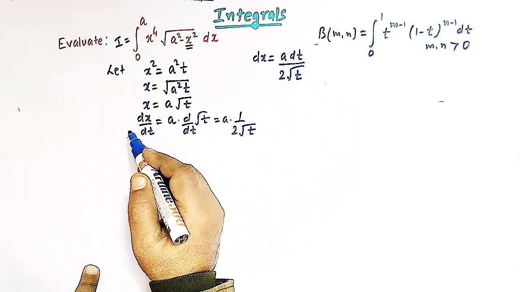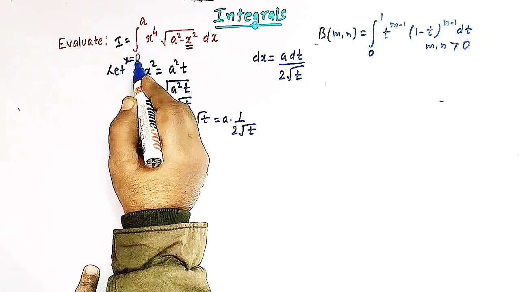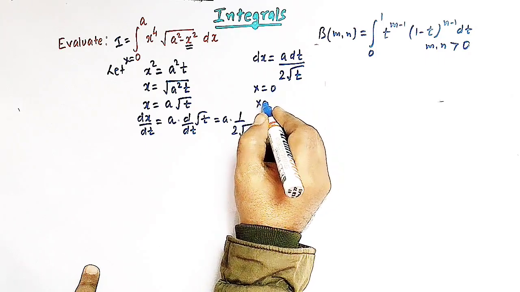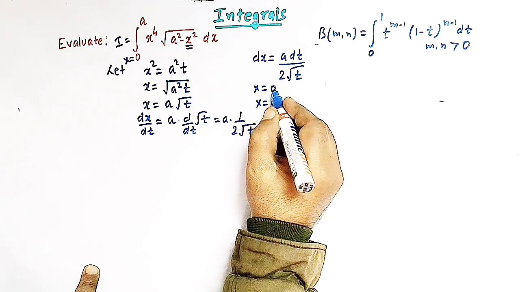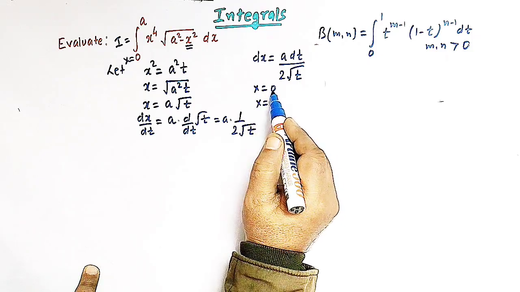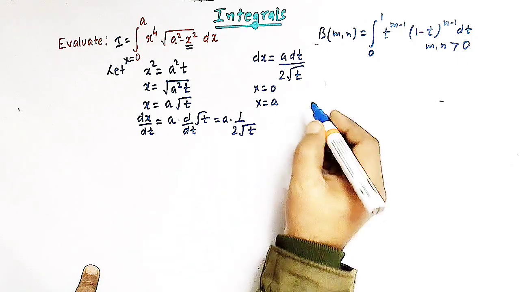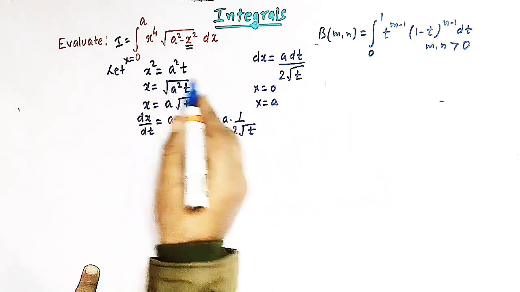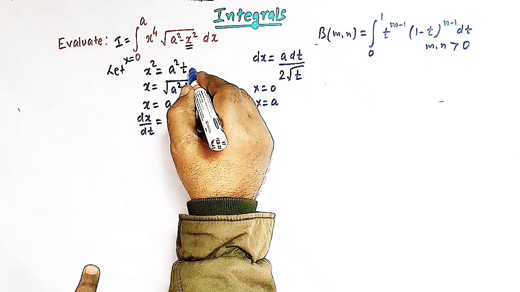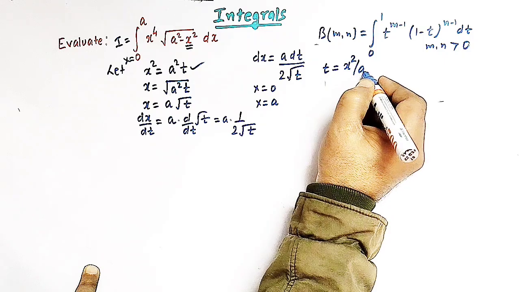Now let us change the limits. Here the limits of integration vary from x is equal to 0 to x is equal to a. So we have 0 as the lower limit and a as the upper limit. When x is equal to 0, we can find the value of t from this expression: t is x square over a square.